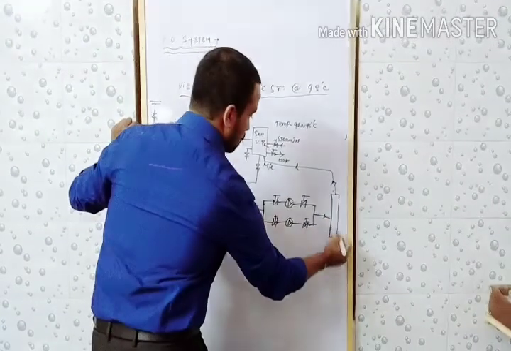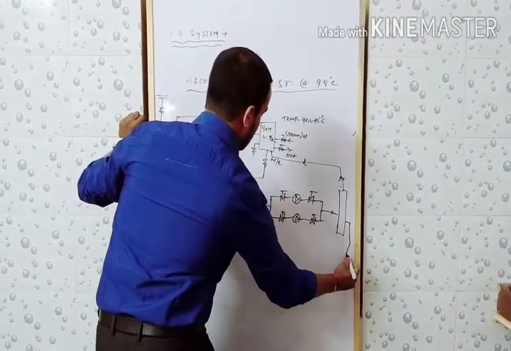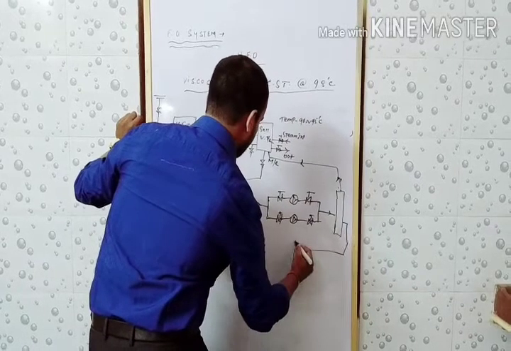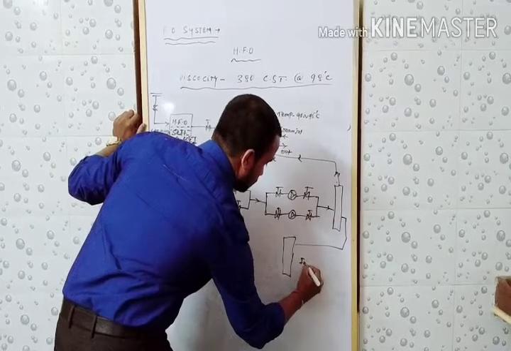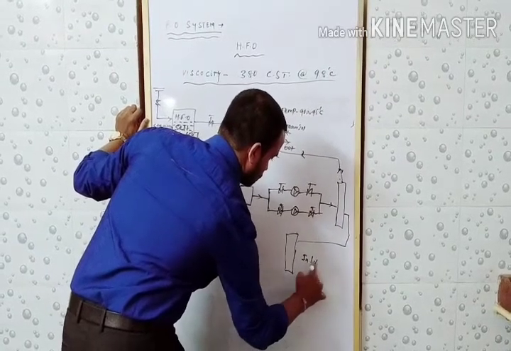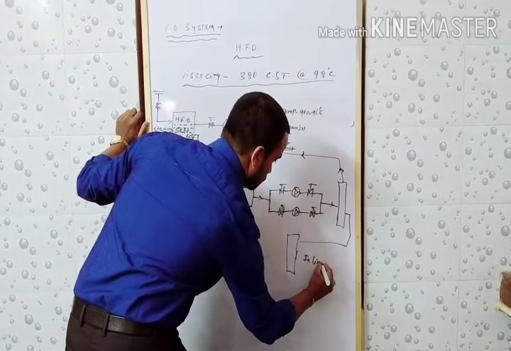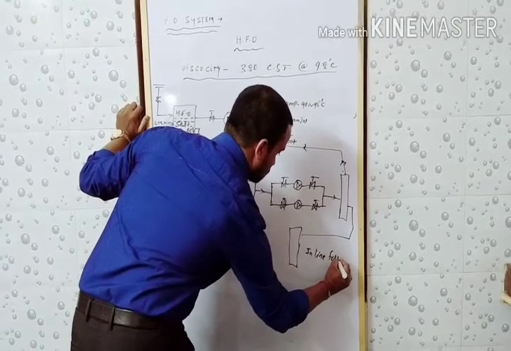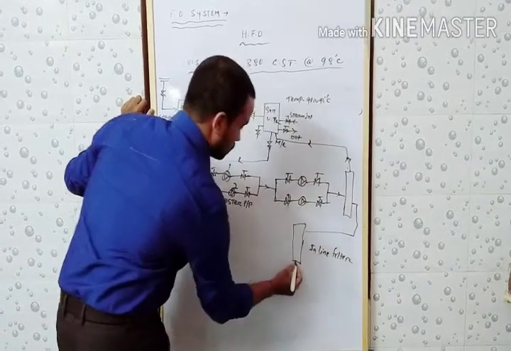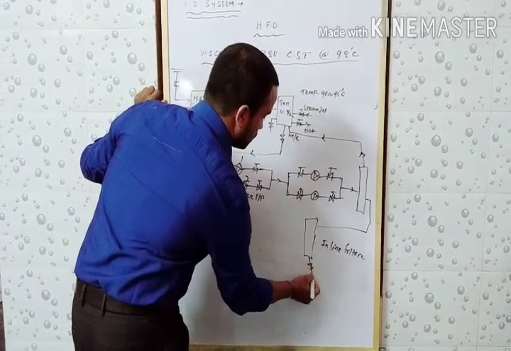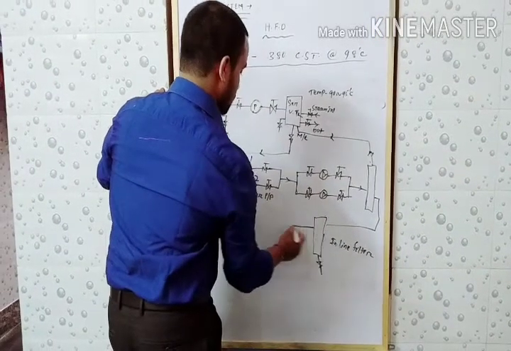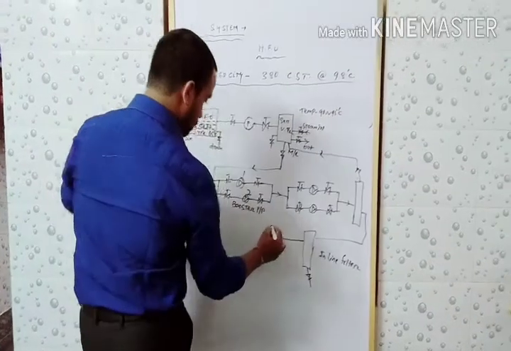After the viscotron, it goes to the inline filter. This is called the inline filter. Here also one drain line is given, and it goes directly to the main engine for the different units.